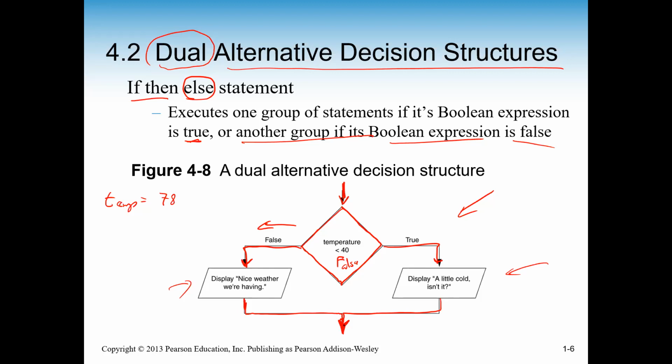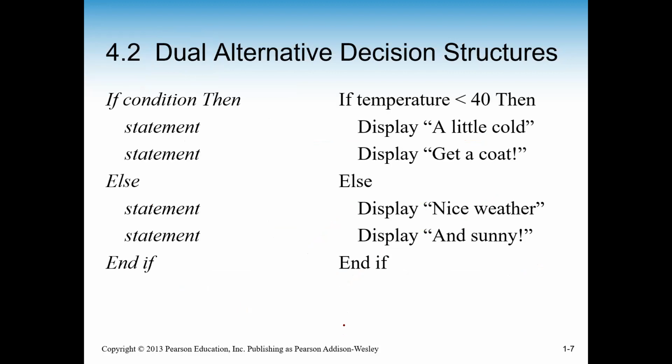All right, so now we have dual alternative decision structures, right? We can see that here in pseudocode. We have if condition, then perform these statements, else, right?